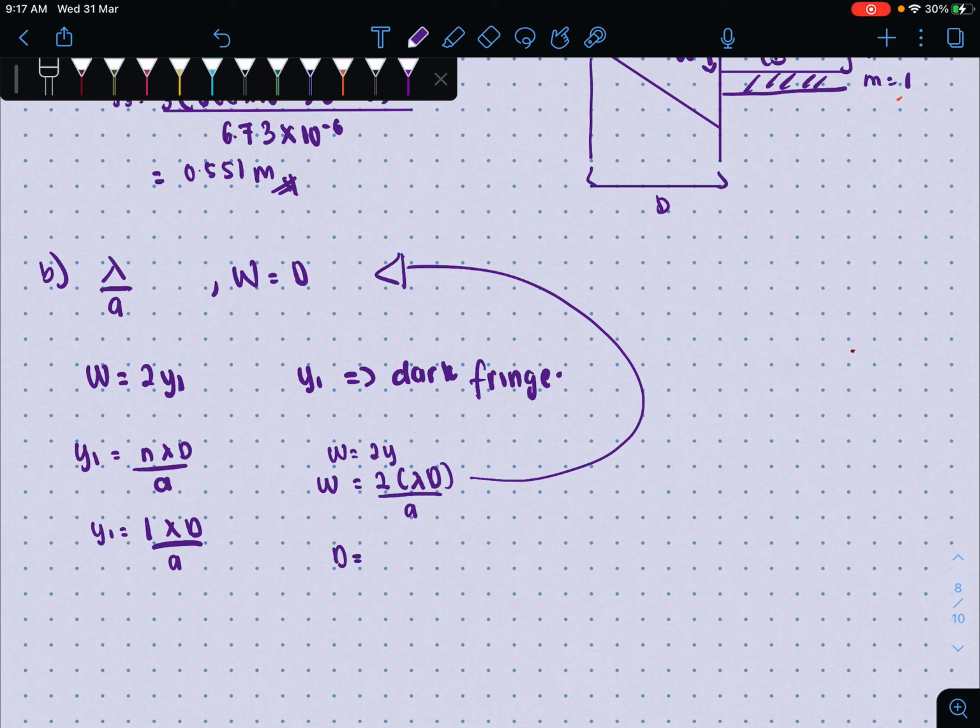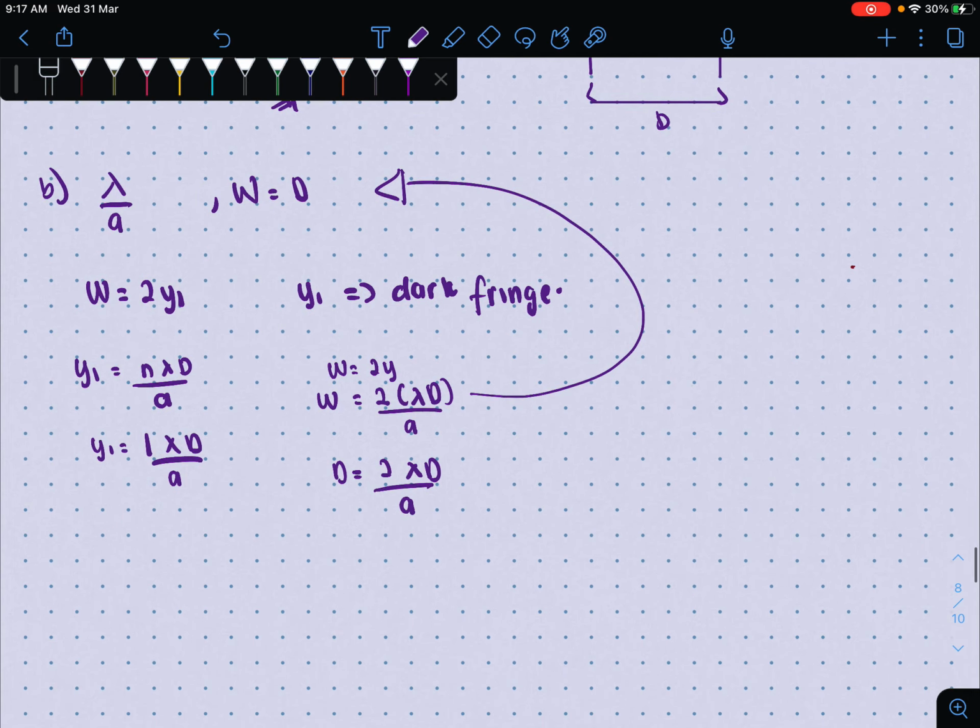Therefore, saya akan tulis D sama dengan 2 lambda D over A. Okay, saya akan buat apa? Kita nak lambda over A, so saya akan kekalkan lambda over A. Yang lain semua saya akan bawa ke sini. So, bila saya bawa, we will divide. Kita akan ada D over 2D sama dengan lambda over A. Cancel. So, you will end up with lambda over A as your 0.5. This is the ratio.